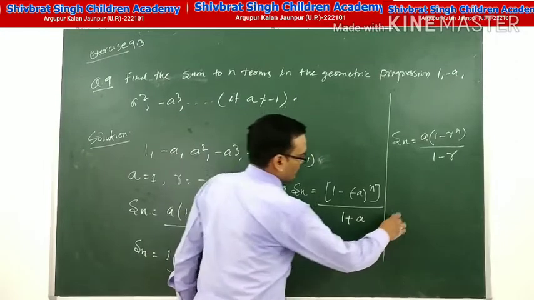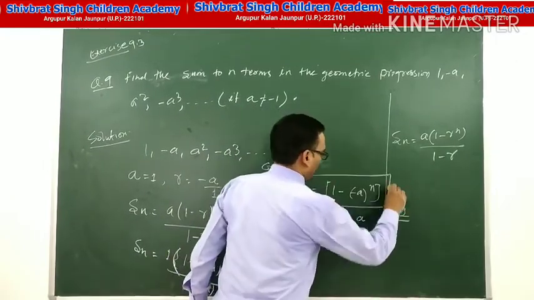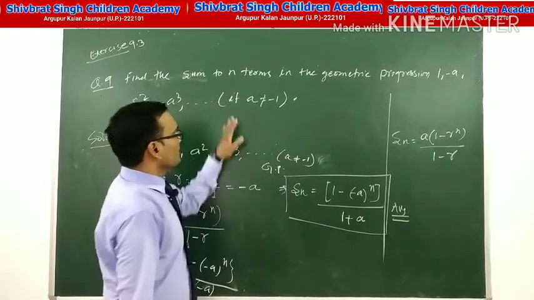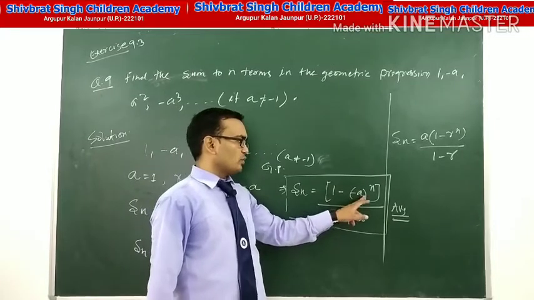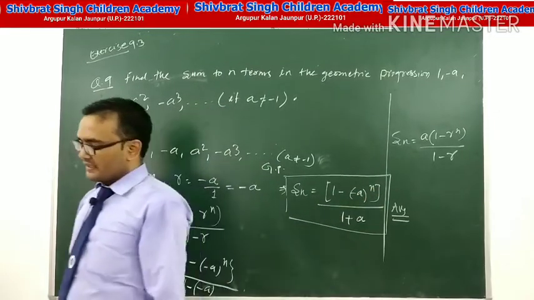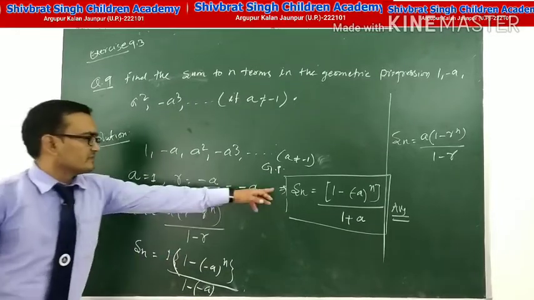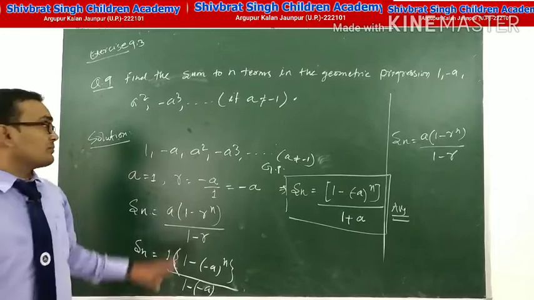So the sum of n terms of this GP is Sn equal to 1 minus (-a) to the power n upon 1 plus a. Now we discuss the next question of this exercise.